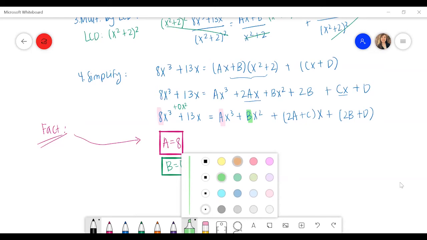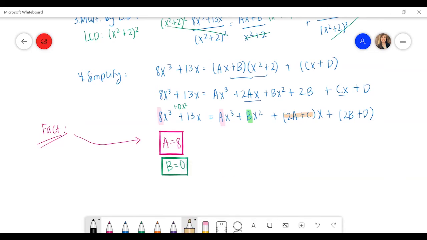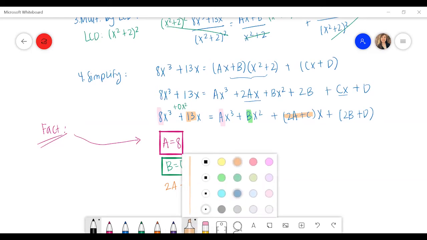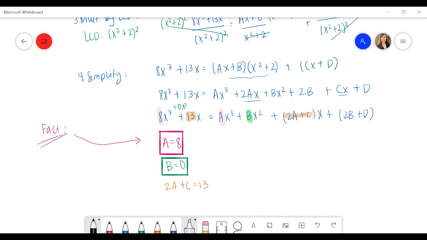So, we've got X. So 2A plus C is equal to 13. And we've got 2B plus D equal to, again, you can think of this as plus the constant 0.